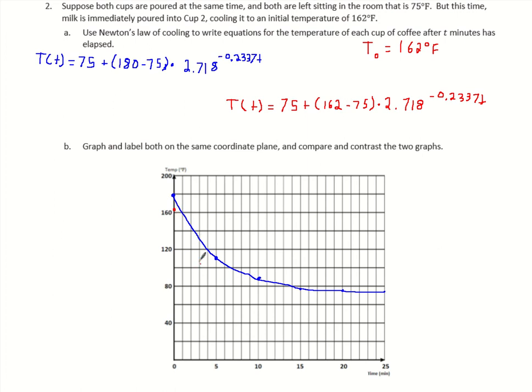And then I'm going to plot some more points that are going to be reference points for my sketch. And as you can see, there's a big difference between this pair of graphs and the pair of graphs that I had over here.